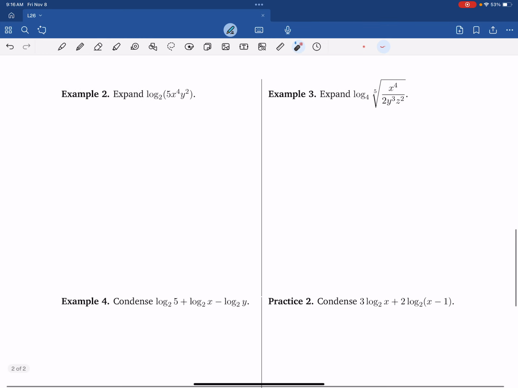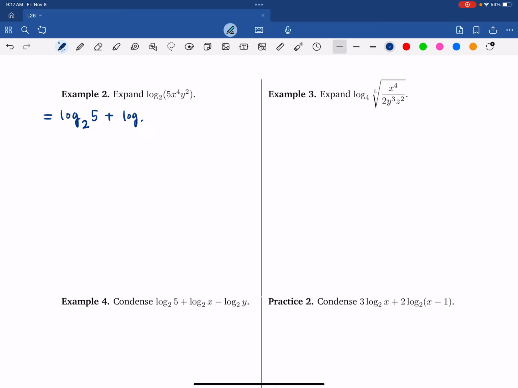Let's do that. So I'm going to do equals log base 2 of 5, that's the first factor, plus log base 2 of x to the 4th, plus log base 2 of y squared. So this is the splitting according to that property. And then is there something else we can do?